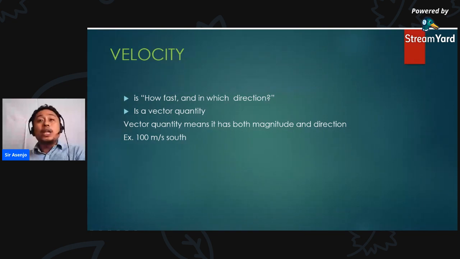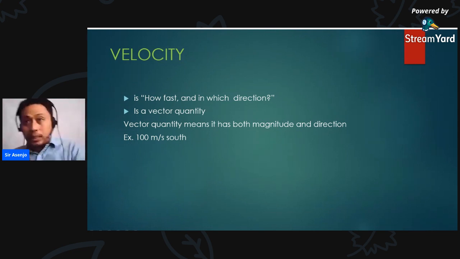Let's have velocity. Velocity answers the question how fast and in which direction. Notice there is now involvement of direction. So velocity is a vector quantity. Vector quantity means it has both magnitude and direction.